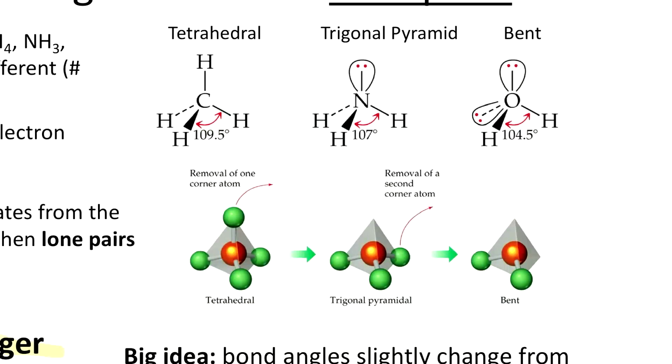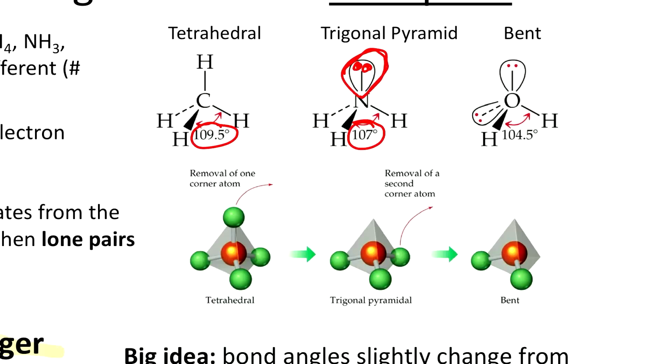All right, so we have a bunch of molecules with tetrahedral electron geometries. They just have different numbers of lone pairs. So look here. CH4 has 0 lone pairs, so each of its bond angles is exactly 109.5. But once we put 1 lone pair on that central atom, so here's NH3, notice what happens to the bond angle.